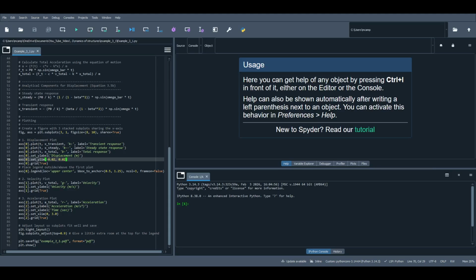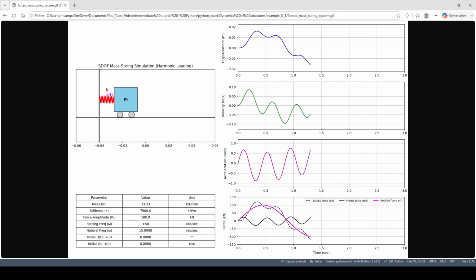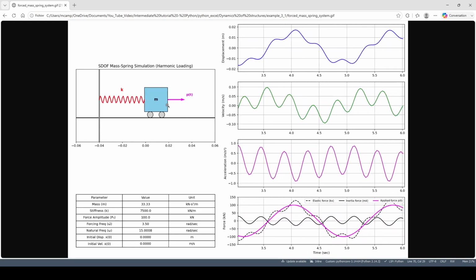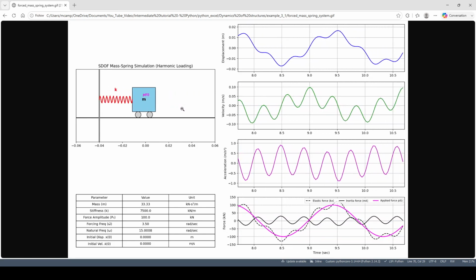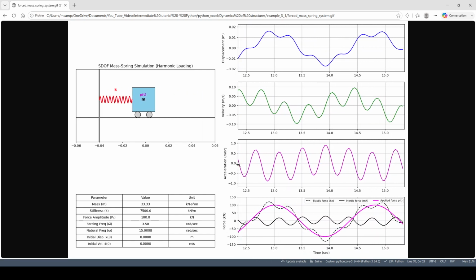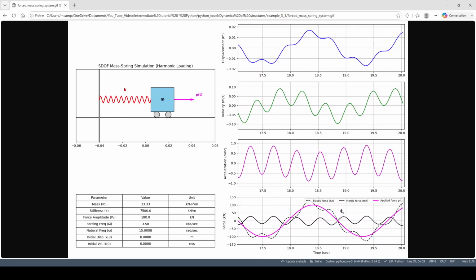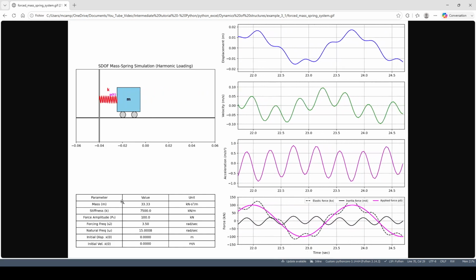Finally, we can see a simulation of this system. We can see the mass where the force P(t), a harmonic force, is applied, and we can see the displacement, velocity, acceleration, and the force with the elastic force, inertia force, and the applied force.